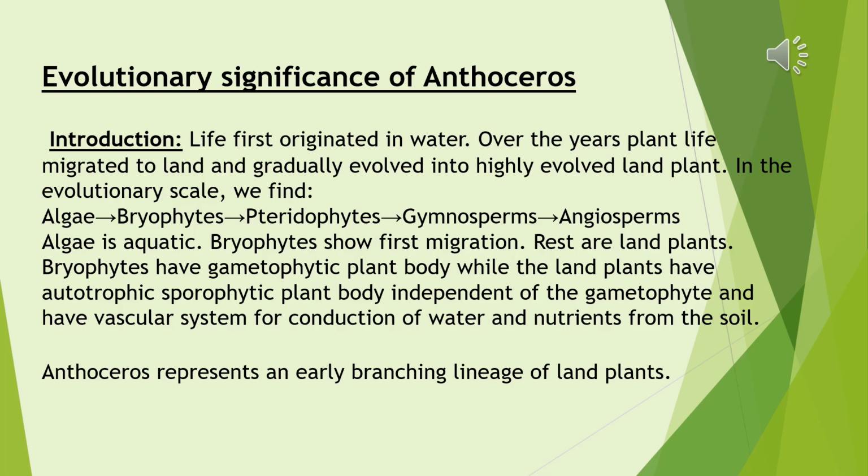So these two properties, gametophytic plant body versus sporophytic plant body, and secondly the independence of the sporophytic plant body, are the major features of advancement. Now, Anthoceros represents an early lineage of land plants.